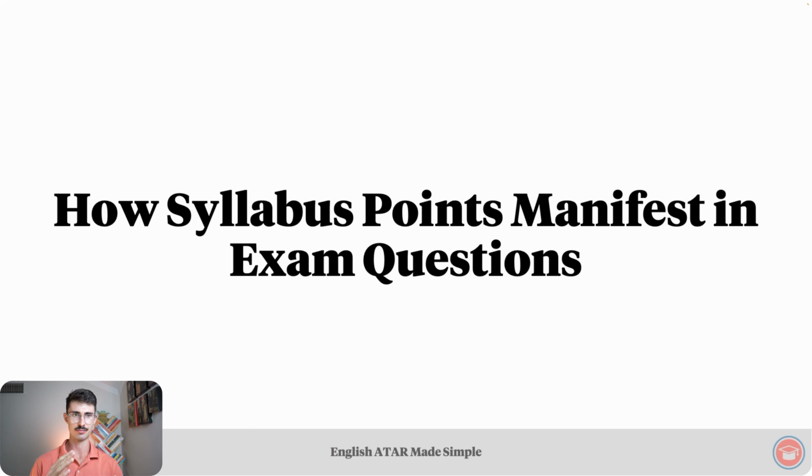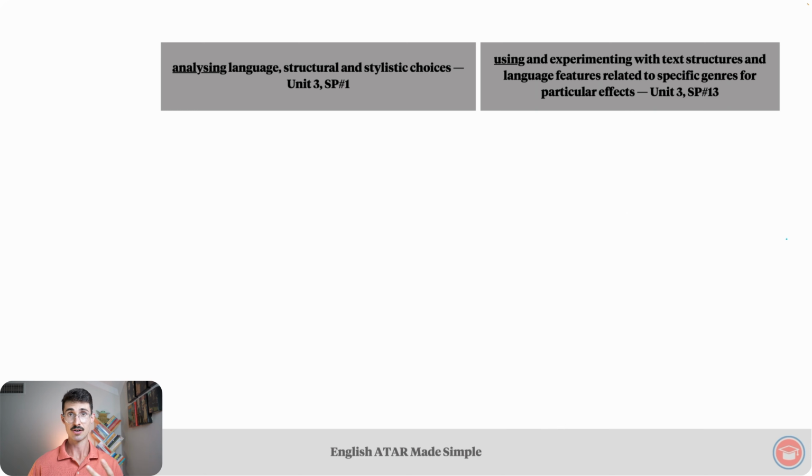Before we take a look at what this term structure actually means, what it refers to, I'd like to quickly revisit those syllabus points and past WACE exam questions to illustrate how they connect, how the syllabus points manifest in the past WACE exam questions and the exam questions that you're going to get in this year's exam. Here are those 2 syllabus points that structure appears in, and this is the category of exam question that each syllabus point relates to.